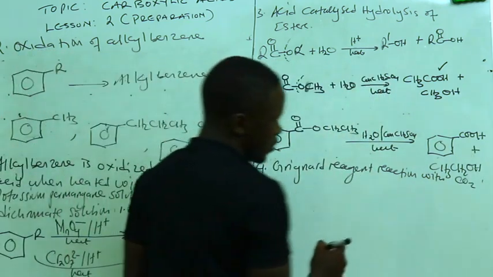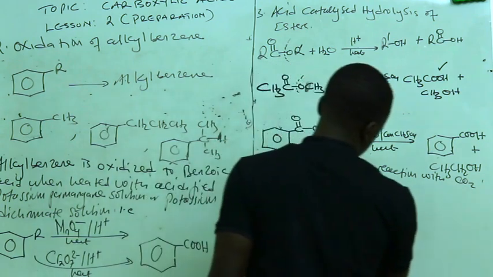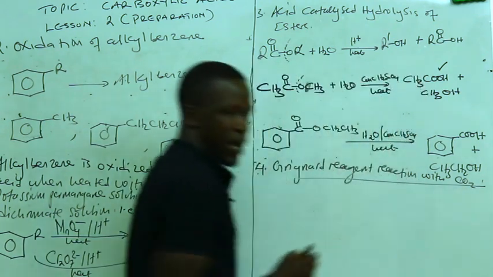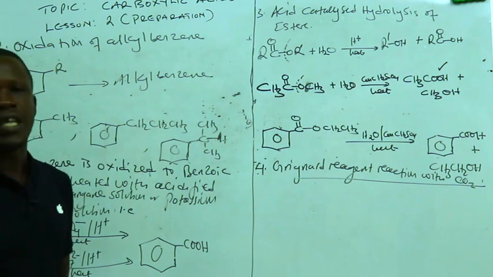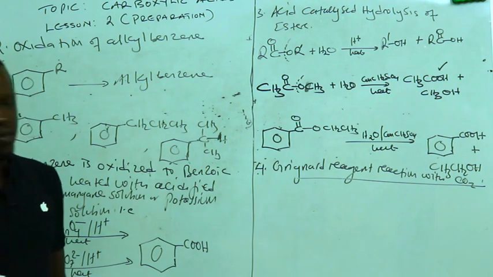When Grignard reagents are reacted with carbon dioxide, we are capable of forming or synthesizing carboxylic acids with an increase in the carbon chain of the Grignard reagent.